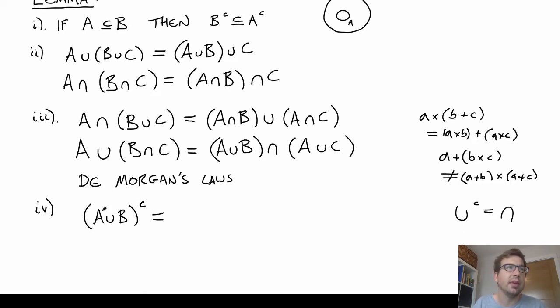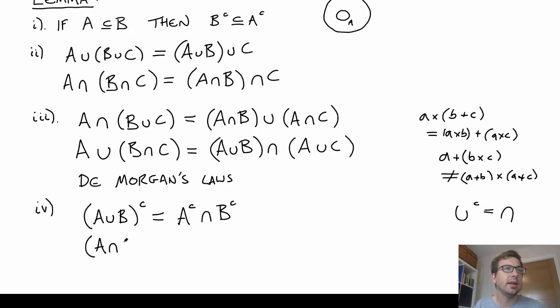So we apply the complement to each part like you would a power almost, at least that's how I think of it. A complement intersection B complement. If you're not in A or B, then you must not be in A and you must not be in B. It makes sense when you say it as well.